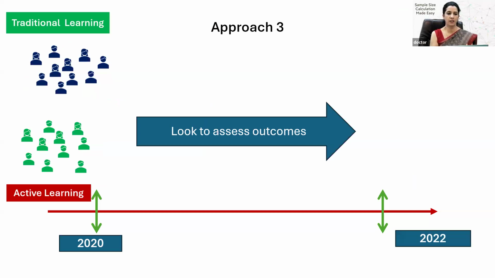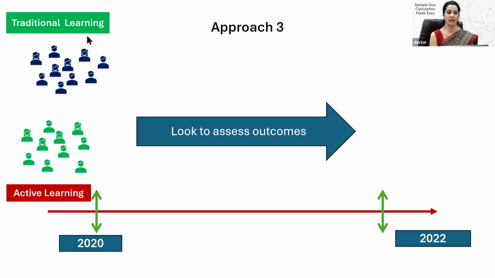Now coming to the third approach. In this case, you can see I have two calendar years here, 2020 and 2022. I have a database of people who were using the Marrow Prep active learning app, and the other group was not using it.